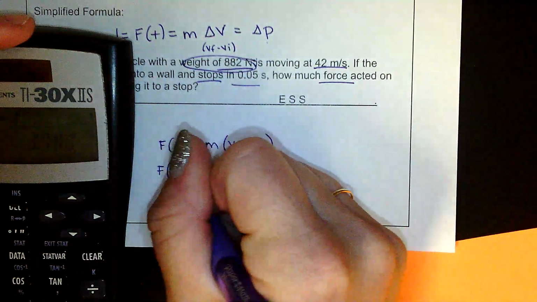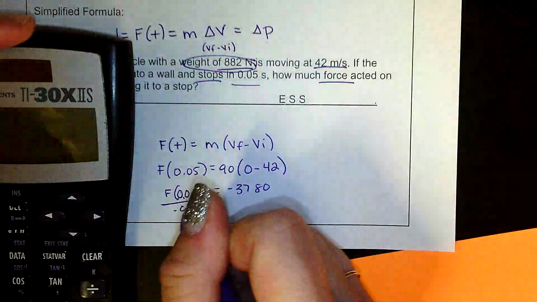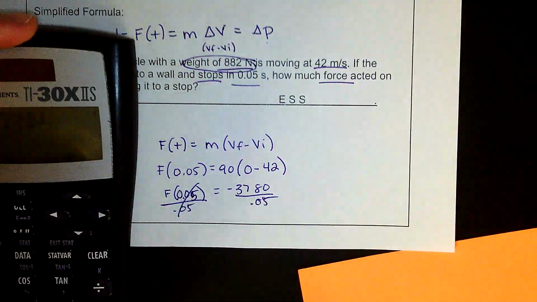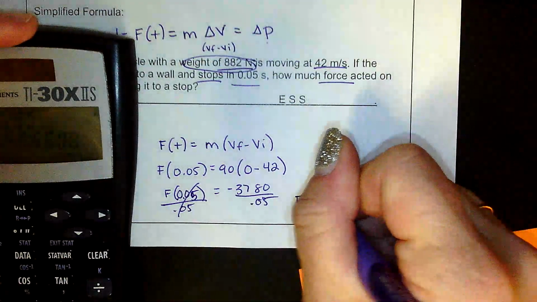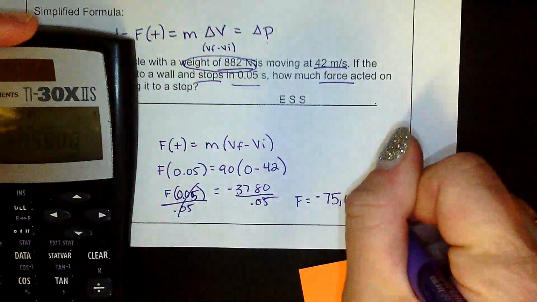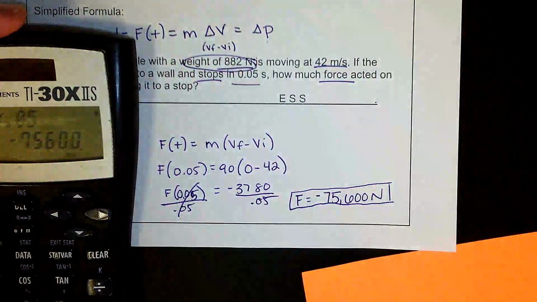Still have force times 0.05. I'm going to divide by 0.05. All right, I get a force of negative 75,600 newtons. That's our answer.